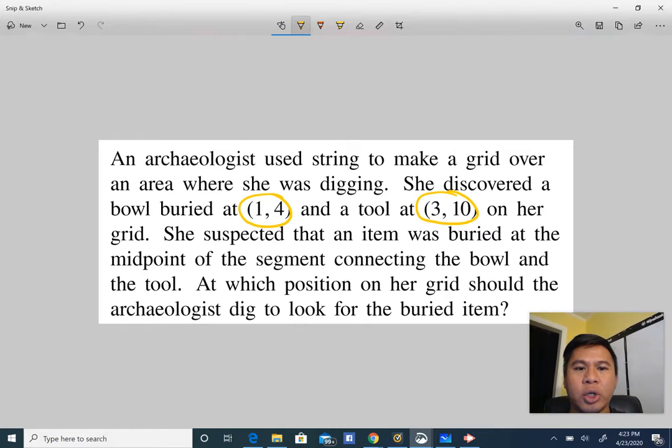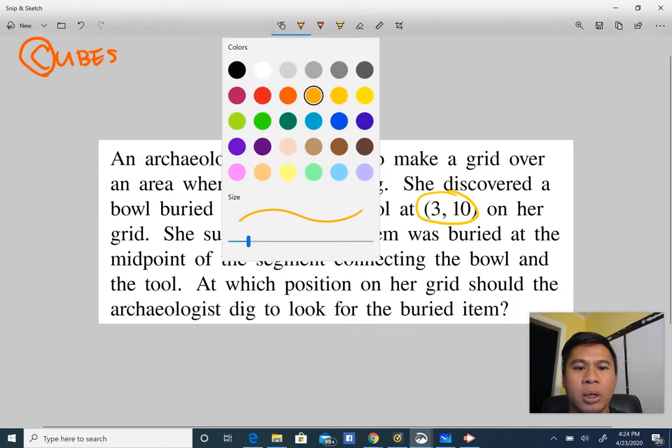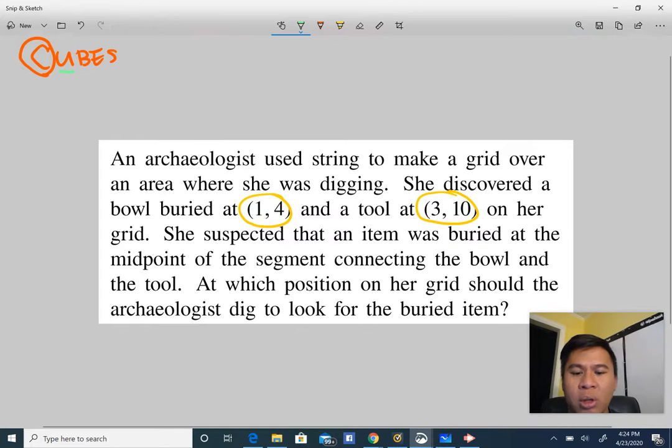So let's try to use our CUBES method first in order to analyze this problem. We just did the C, in which we have encircled the given numbers. Let's consider now U, which is where we underline the given question.